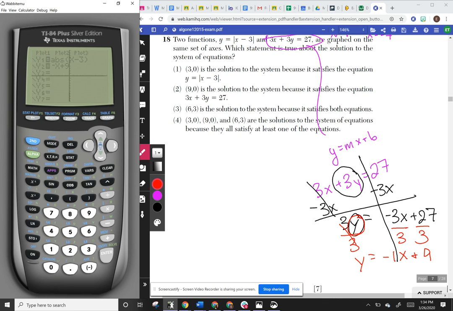So we can press graph to see what this will look like. So there's our absolute value, there's our linear. But to find that exact point, it looks like it's going to be about 6, 3, which is an answer choice. But let's get that more precise. So we're going to go down.